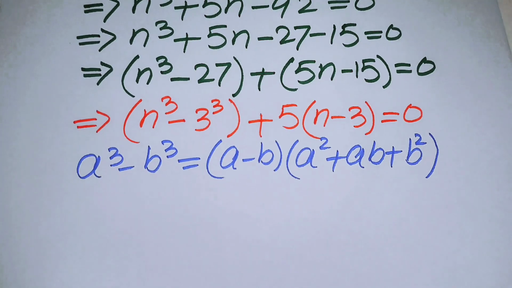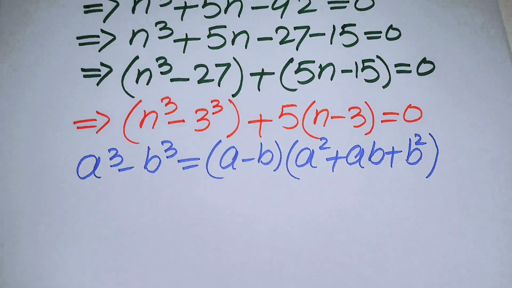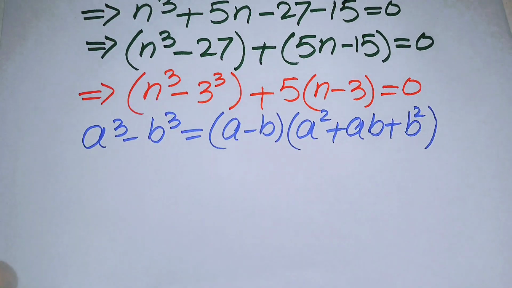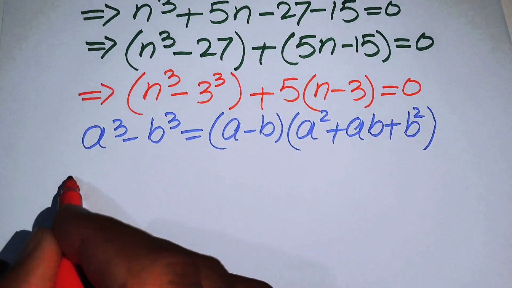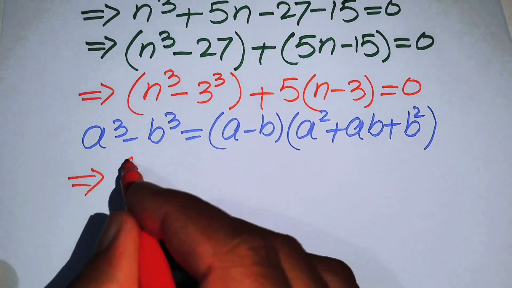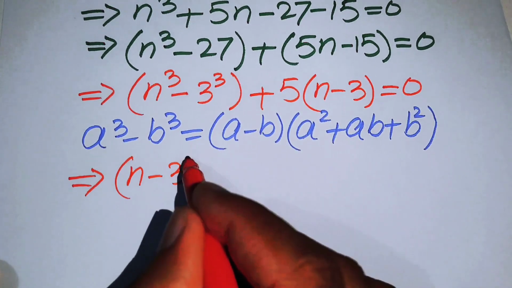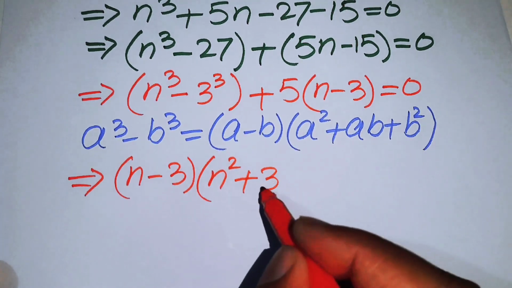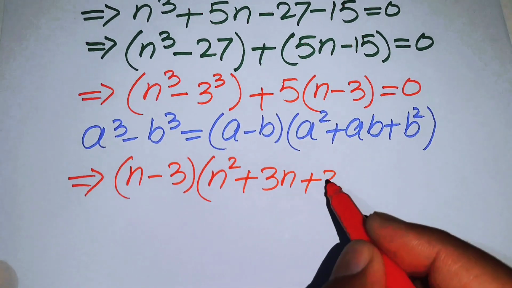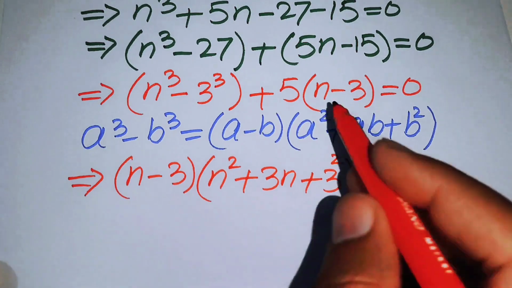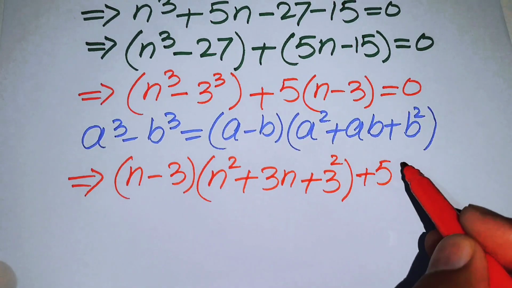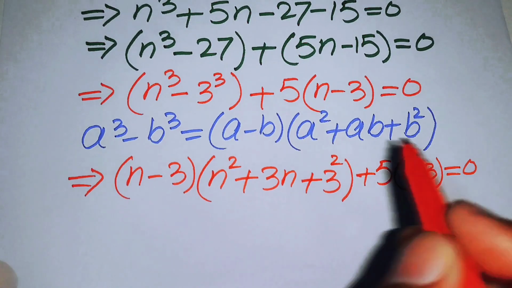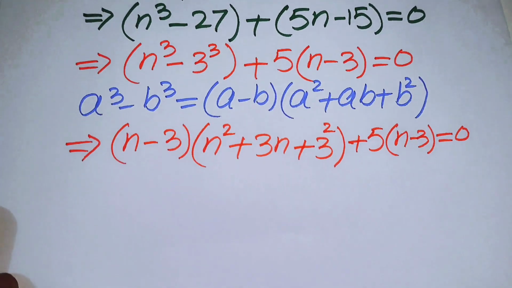So we can use this formula in the first term, so that this term becomes n minus 3 times n square plus 3n plus 3 square, and here we have plus 5 times n minus 3, and this whole equation is equal to 0.